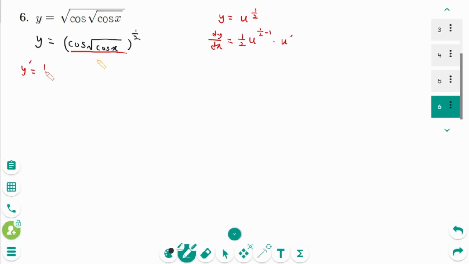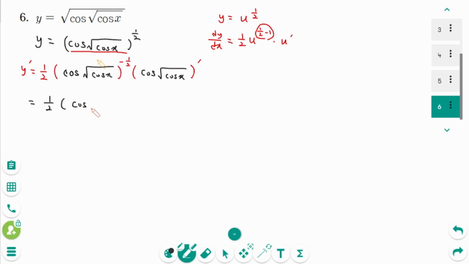Then y prime equals 1 over 2 u to the power of 1 over 2 minus 1, is minus 1 over 2, times u prime. Keep the inner function, cosine square root of cosine x, equals 1 over 2 cosine square root of cosine x to the power of minus 1 over 2 times.